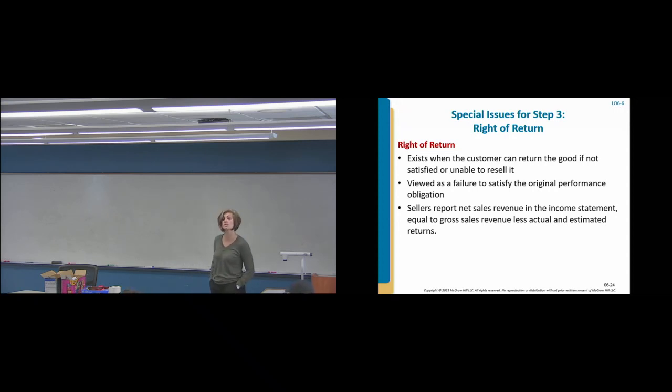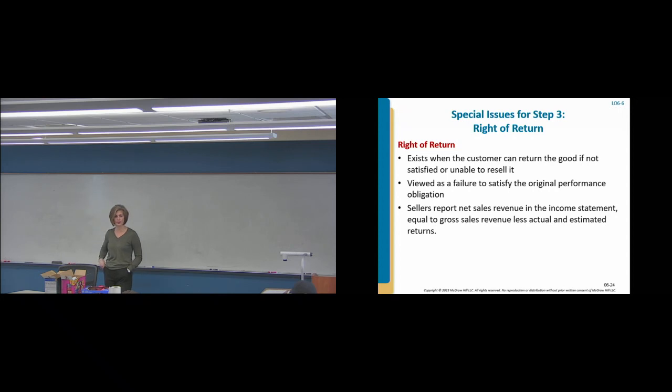So, sales returns and allowances, you guys remember that account when you sold something to somebody and then they returned something from a purchase. We had sales returns and allowances. That's really what we're talking about here: the right to return goods and services. You guys have seen signs that say, final sale, right? No returns, no refunds, that's it, you're done.